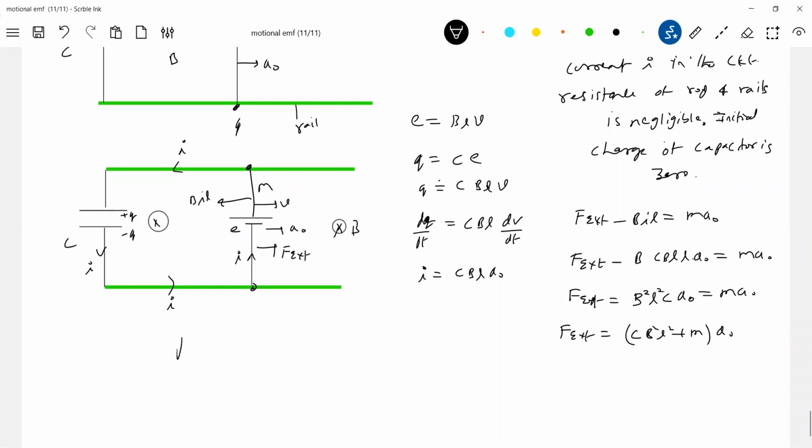So what is the power relationship? dK by dt plus dU by dt, electrostatic, across the capacitor. The rate at which the kinetic energy of the rod increases plus the rate at which the potential across the capacitor increases. And this is the storing element, no?